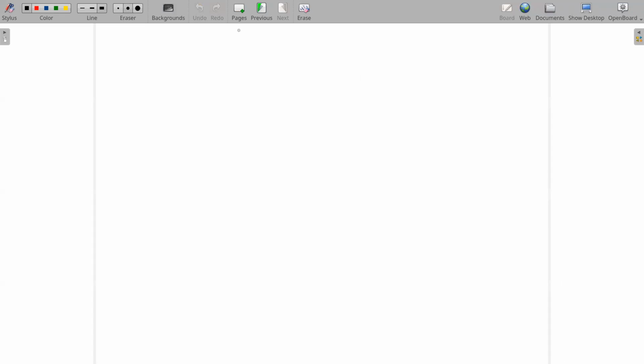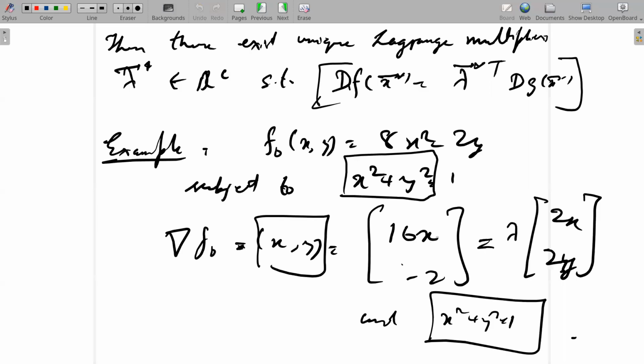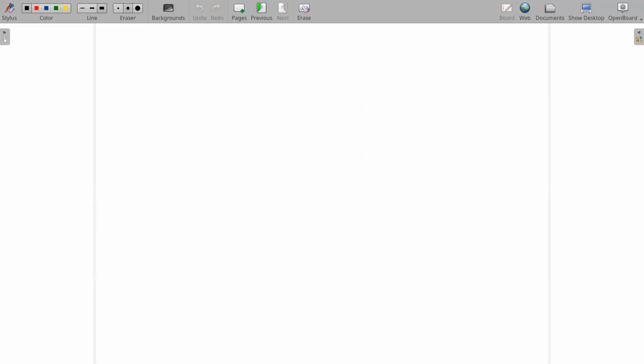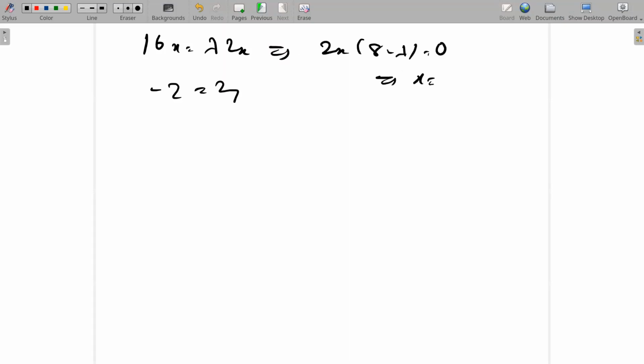All right, so how do we proceed? We have the equation 16x equals lambda times 2x, and we have minus 2 is equal to lambda times 2y. The first equation tells me that 2x times (8 minus lambda) is 0, which implies either x is 0 or lambda equals 8.